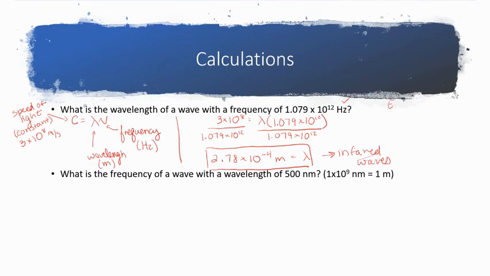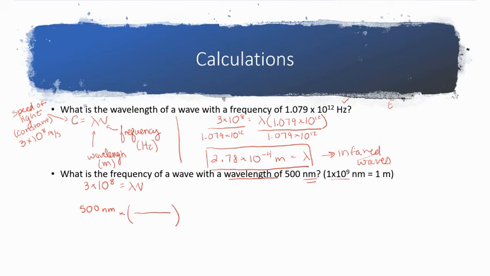In the second example, here we're solving for the frequency of a wave with a wavelength of 500 nanometers. So again, we're going to use the equation that 3 times 10 to the 8th is equal to wavelength times frequency. Here we are given our wavelength, but it's in nanometers. If we look at our equation, we're always going to want meters. So our first step is going to be to convert our nanometers to meters.